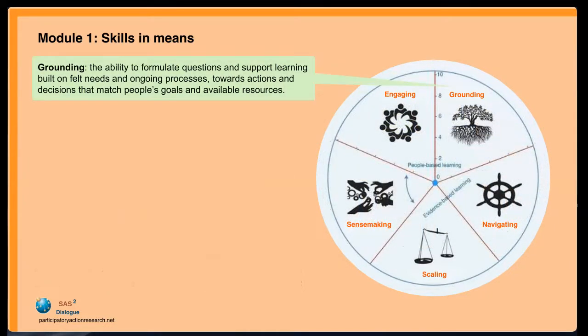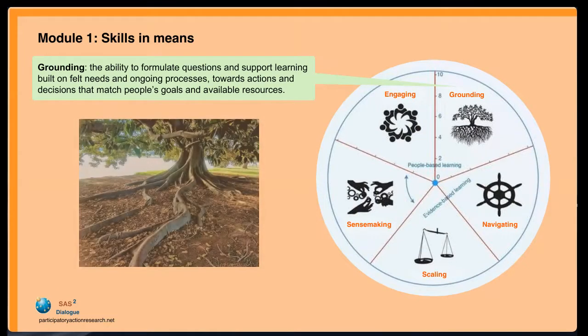The second skill is grounding the inquiry process in the right questions, those that are meaningful to people and generate actions and decisions that match their goals and available resources. The ability to ground thinking comes into play when facilitators help people discuss and clarify what they expect from a process. It also involves knowing how to create a psychological and physical environment that encourages creativity.